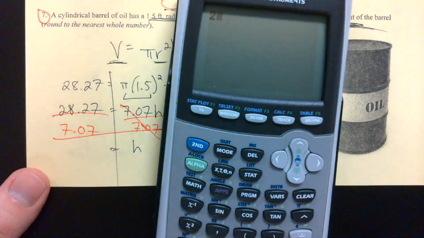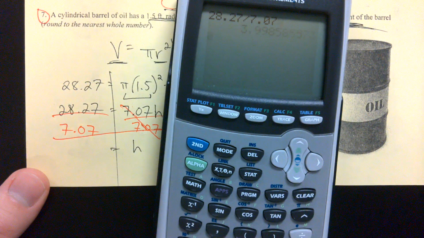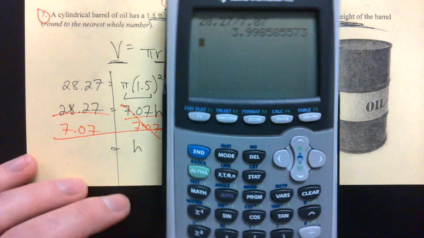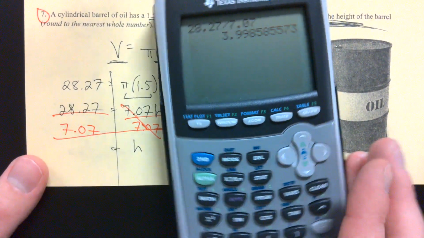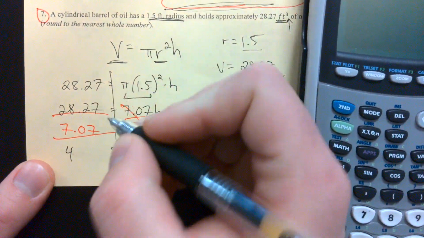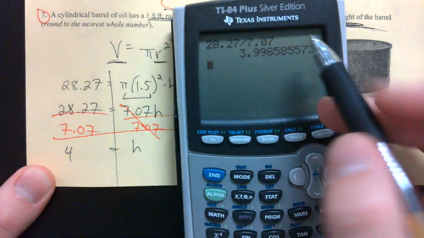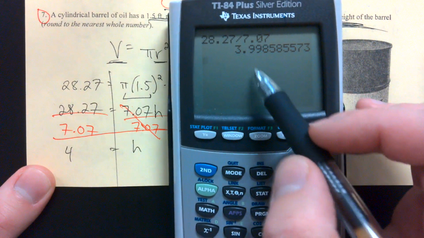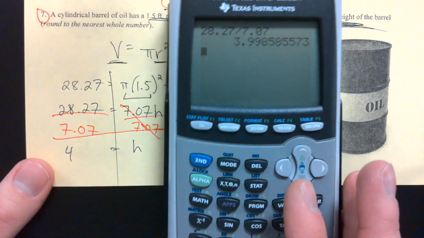And then let's see. 28.27 divided by 7.07 gives me 3.998585. We're going to round all those decimals up to a clean 4 what? Well, the 8 bumps the 9 up to a 10, and we clear out all our decimals. This rounds up to 4.0.